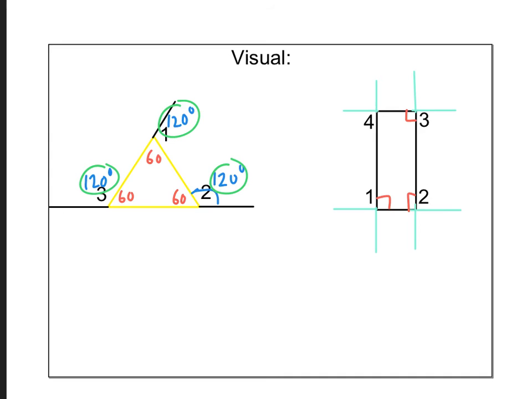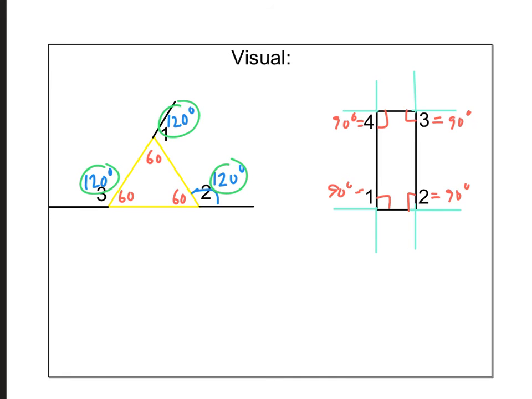Using the same idea, each of these angles, because they're forming straight lines, would need to be 90 degrees. And the previous theorem just said the sum of the exterior angles, angle 1 plus 2 plus 3 plus 4 equals 360. We have 4 angles of 90 each. They equal 360. Okay, so that's just a quick visual.